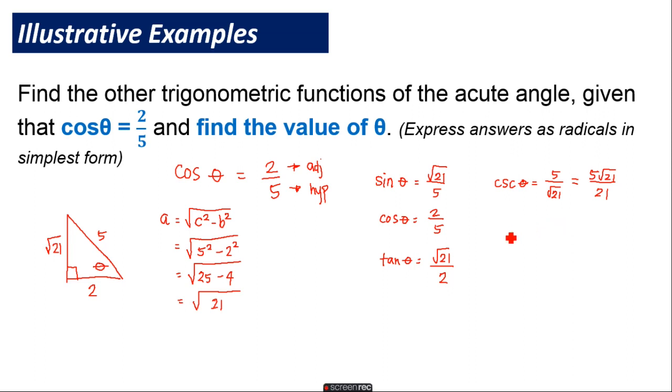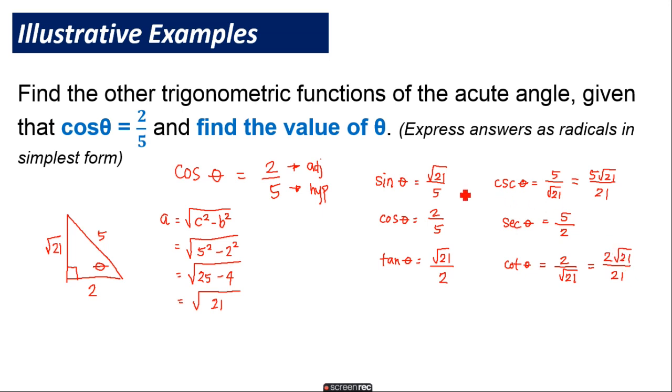Next, we have secant theta, which is the reciprocal of cosine, so that would be 5 over 2. And the next, we have cotangent theta, that will be equal to 2 over the square root of 21. Simplifying, this results to 2 square root of 21 over 21.